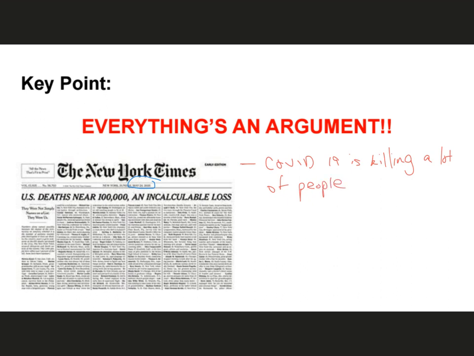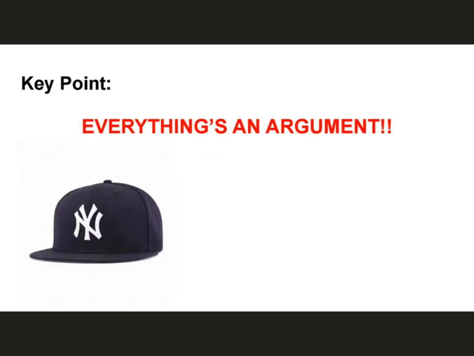And I think the major thing to come out of this is that we talk about 100,000, so that is a lot of people. And also, each one of these bold names, these bold words over here, these are all different names of individuals that were killed by COVID-19. And I think they want to really bring across the fact that it is people that are being killed by COVID. So the New York Times is making this argument that this disease is killing a lot of individuals.